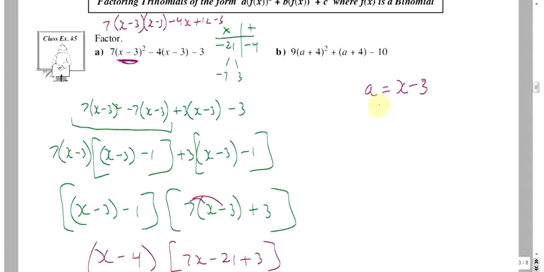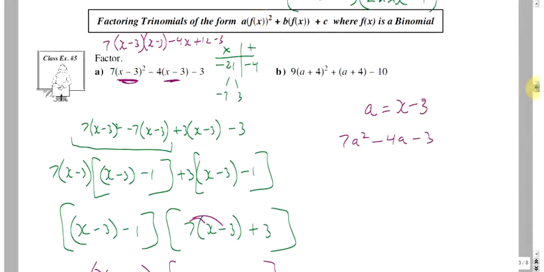You want to do x? You want to do y? Doesn't matter. 7a squared minus 4a minus 3. Does that look a little nicer? You're probably going to want to substitute with this one, okay? When this f of x is a binomial, look at it right here, you're probably going to want to substitute.